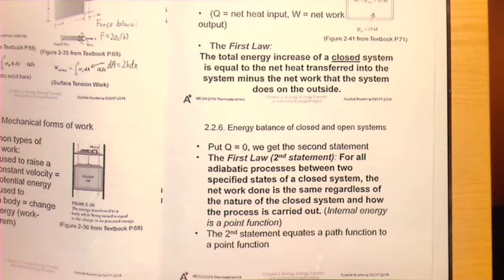So here we also assume that the system does not move and has no potential energy change, so that we have this expression: the internal energy change will be equal to the work done.